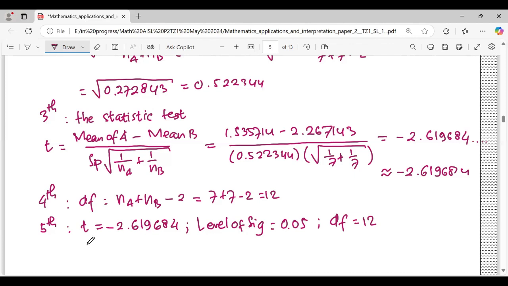So we get the p-value. If you calculate on your calculator, the p-value equals 0.0222426, or rounded off becomes 0.0224. So this is the p-value.